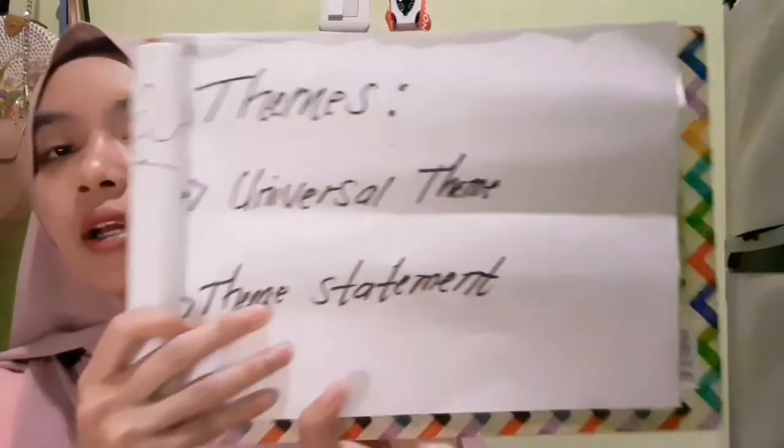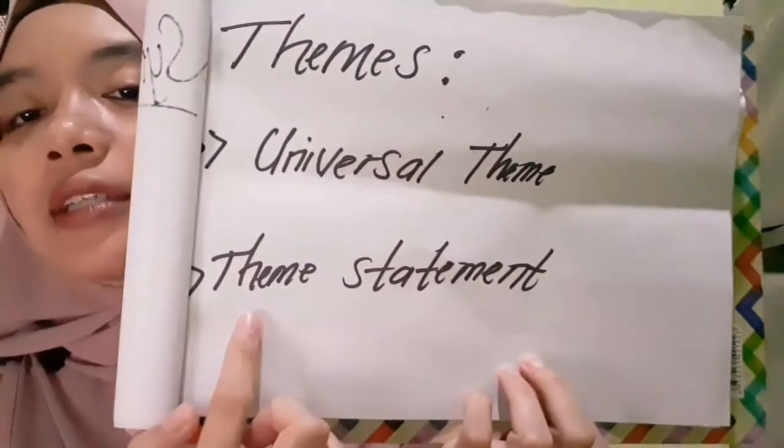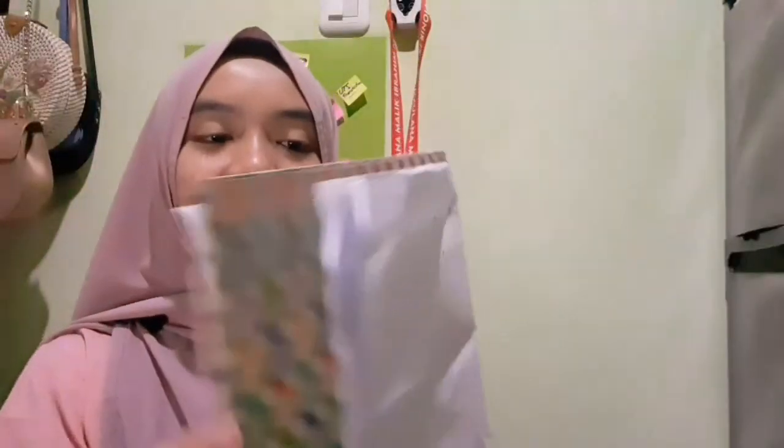Well, next we have themes. Themes are split into two: universal theme and theme statement. I'm sorry. Well, for the universal theme, I took the power of belief in hope, because all the best of what Dick does in the story is based on his hope.